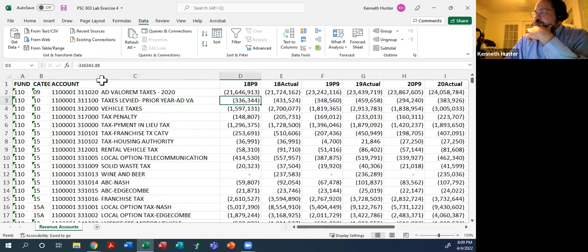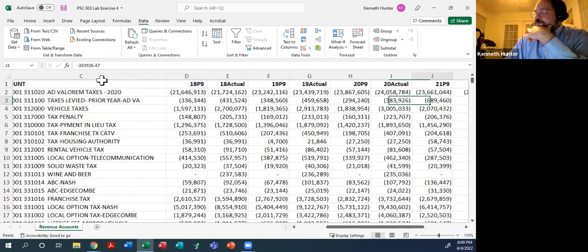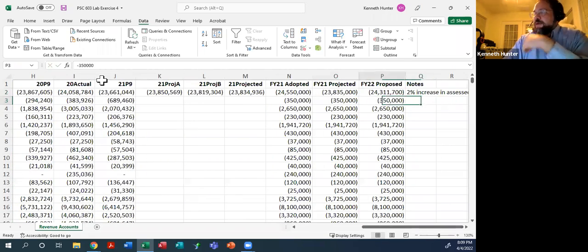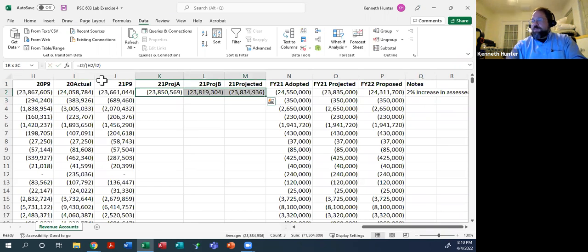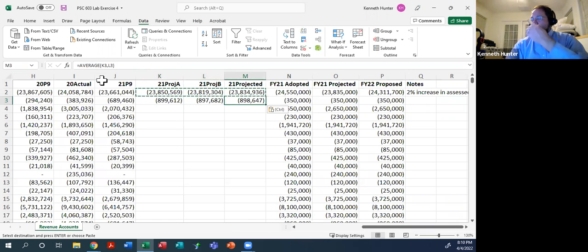So let me do another one. Let me do taxes prior year. I'm going to calculate it the same way, so I can basically just copy and paste these three calculations. And as you can see, I have a pretty high number, because the calculations got me coming in at about 898,000. I could be conservative here, but I'm going to do the same thing I did before.